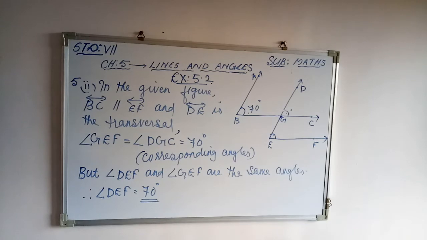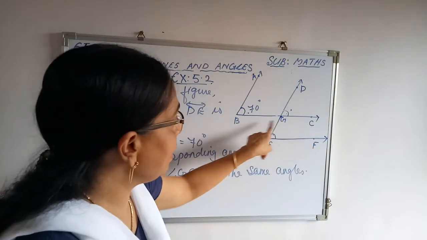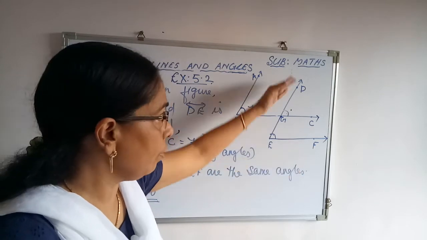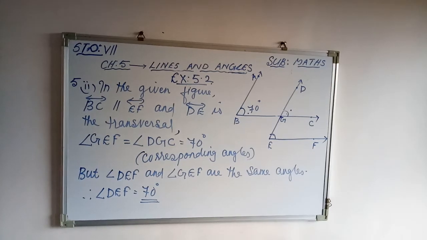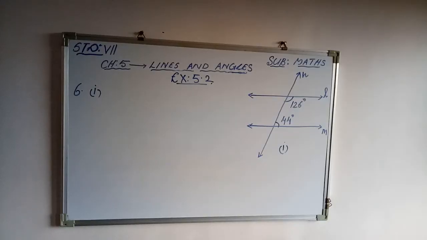Clear to you? So, which one we used here? BC parallel to EF and considered DE as the transversal. So, we got two corresponding angles equal, and that's why angle DEF is equal to 70 degree. Question 6.